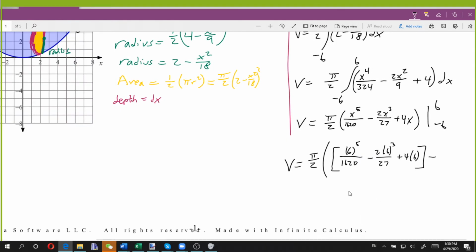Okay, so all of these, I'm subtracting the negative of what we had at the other side, since these are all odd powers. So that's just going to double this.